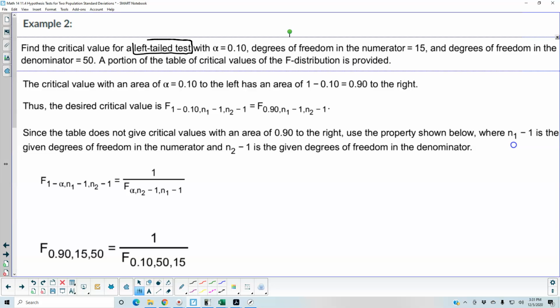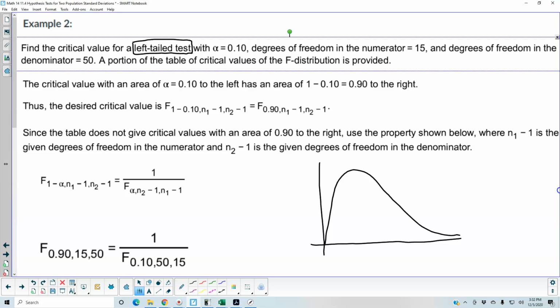test. Because it is a left-tailed test, the critical value with an area of alpha, which is 0.10, to the left has an area of 1 minus 0.10, which is equal to 0.90, to the right. So when I draw this picture, here is what my distribution looks like.